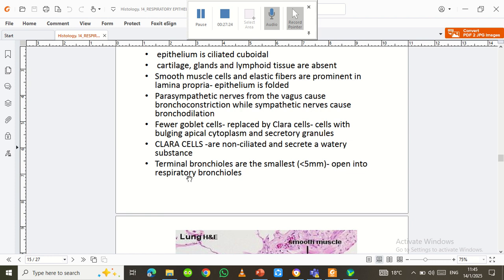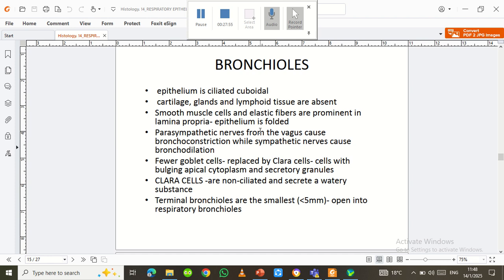Clara cells are present starting in the terminal bronchi going down, and they are responsible for secretion of surfactant. Surfactant is a very important phospholipid fluid that lowers surface tension to prevent collapse of the epithelia of your respiratory system. Right? So those are your Clara cells.